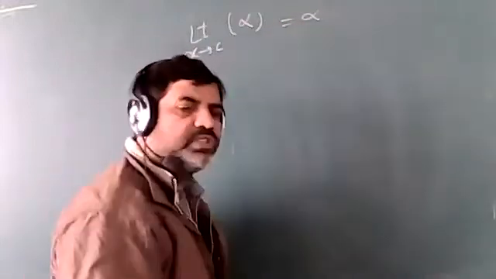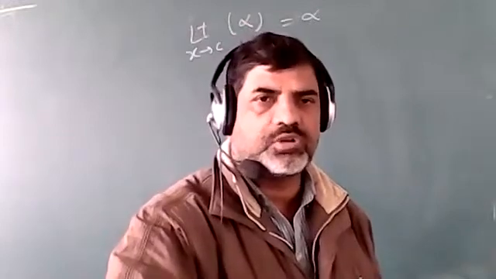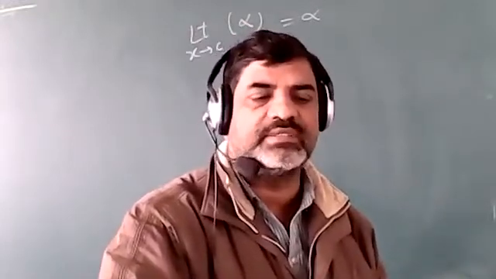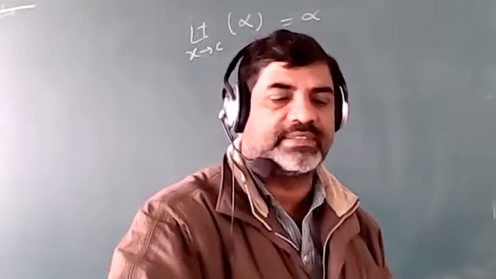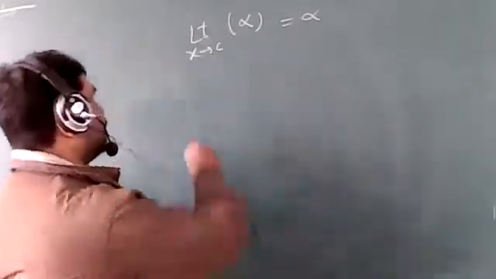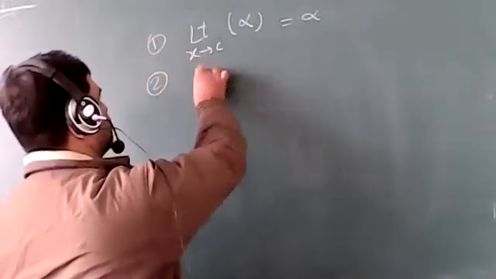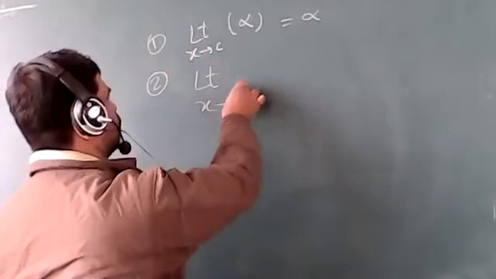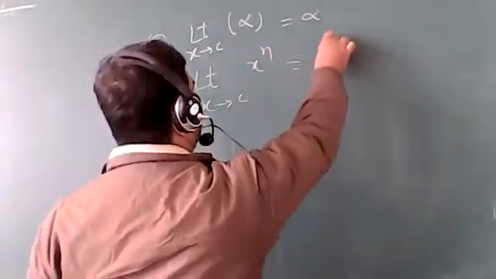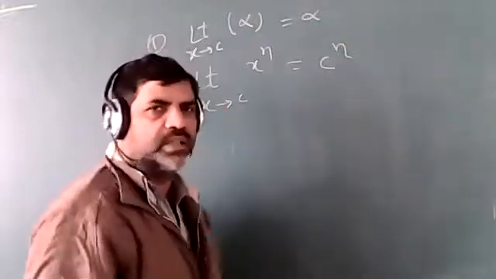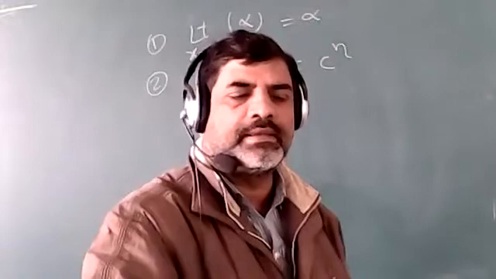This value comes equal to alpha itself. If f(x) is a constant function, then its limit does not change by changing the value of x. If we write limit x tending to c of x to the power n, then this value becomes c to the power n itself. Directly also it can be written c to the power n.